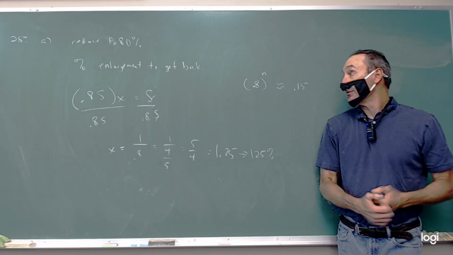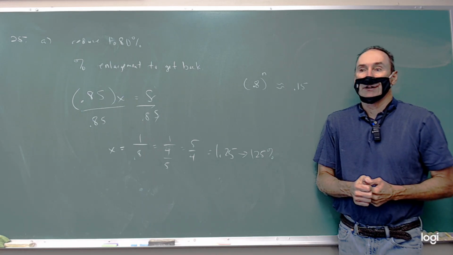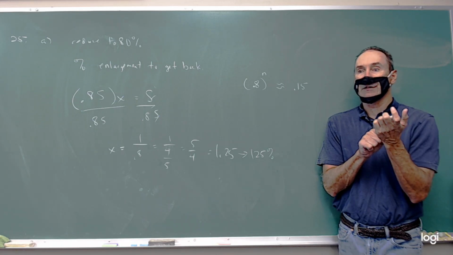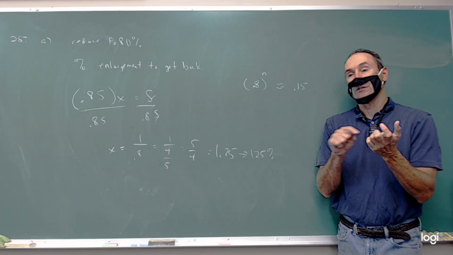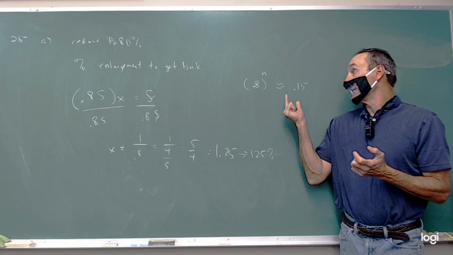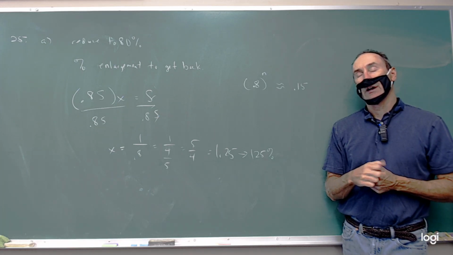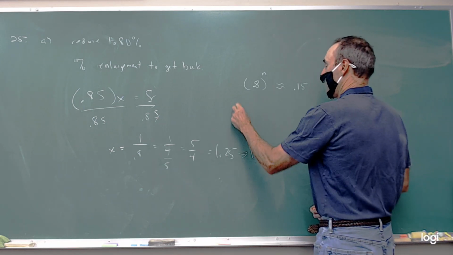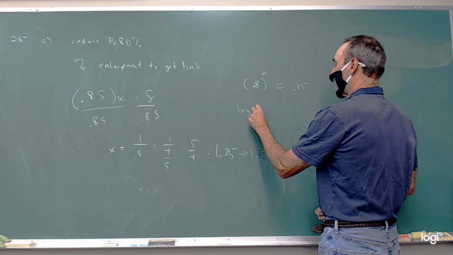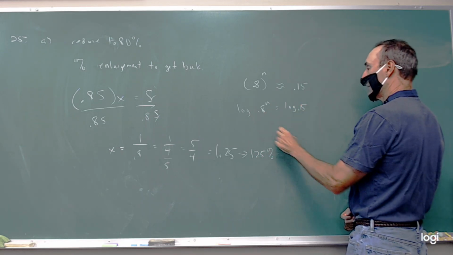I guess we could take a logarithm, or it's almost as easy, I think, if you just get your calculator, you go 0.8 times 0.8 times 0.8 and just count how many you do until you can get close to 0.15. I mean, you can take a log of both sides, but it almost seems like overkill on this one.